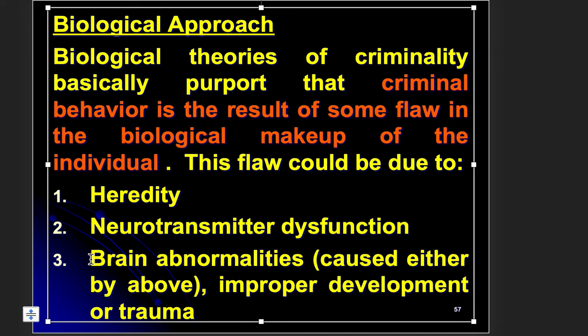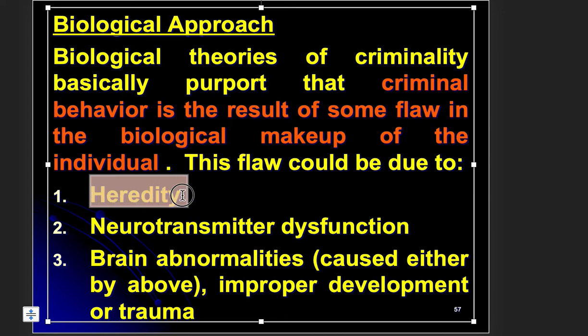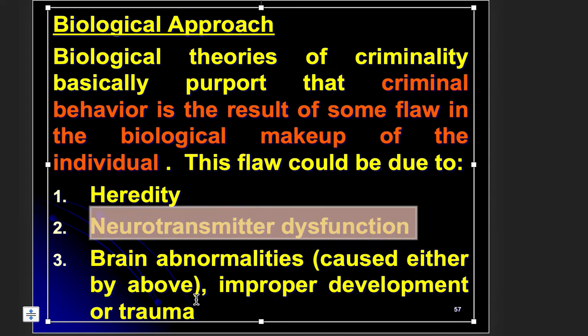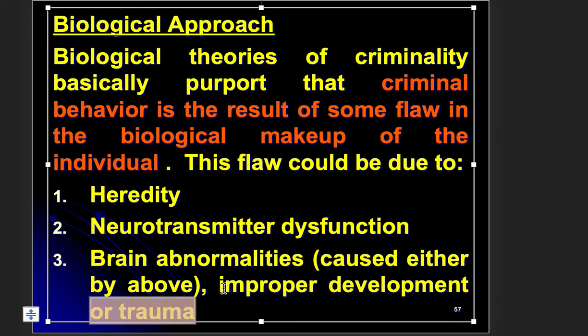Third is that the flaw could be due to brain abnormalities, either caused by number 1 and 2, or improper development, or trauma. Posible nga adunay brain abnormalities. It's not the physical makeup of the brain itself, but ang iyang processing, ang iyang pag-transmit sa signal.